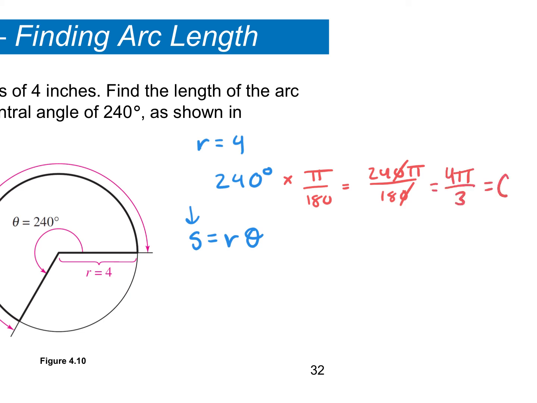So our theta is 4 pi over 3. So in my equation here, I have S is equal to 4 times 4 pi over 3. So S is equal to 16 pi over 3.